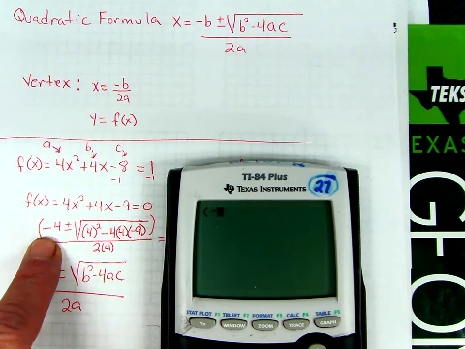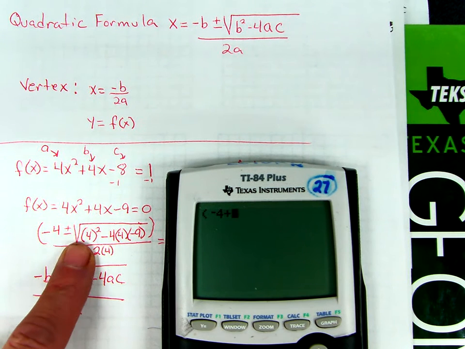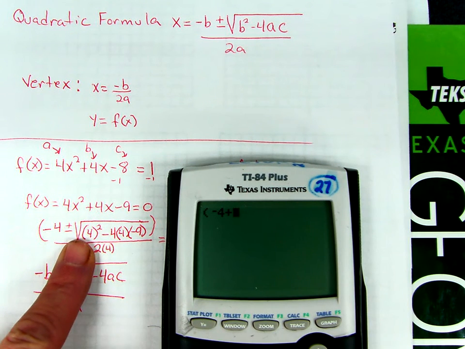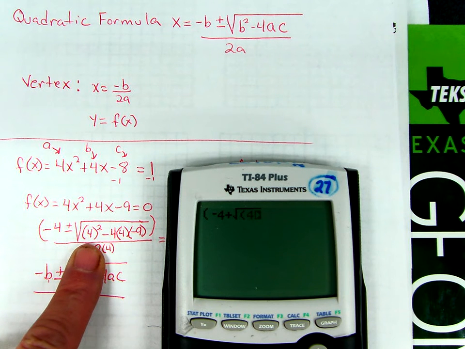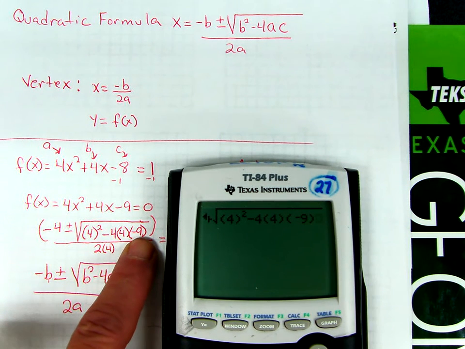So negative 4, we're going to do plus first. So plus, and then square root is second x squared, 4 squared minus 4 times 4 times negative 9. I've reached the end of that negative 9.